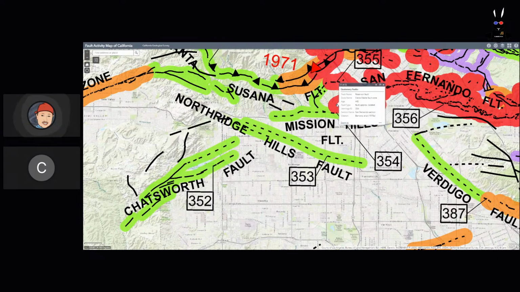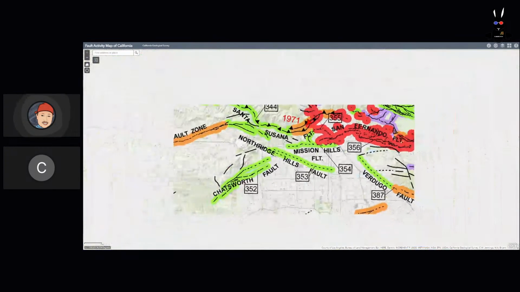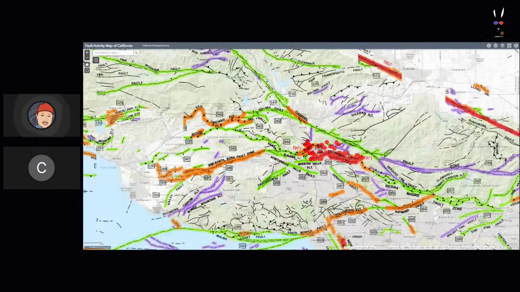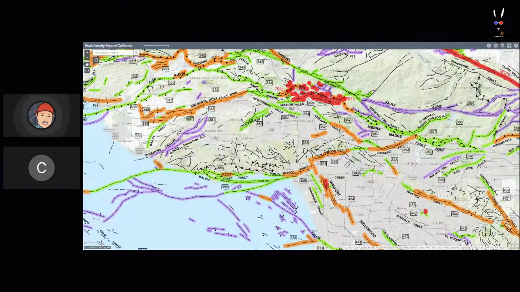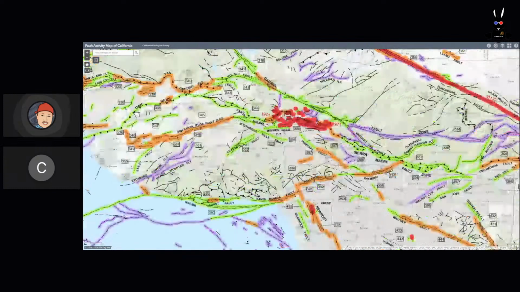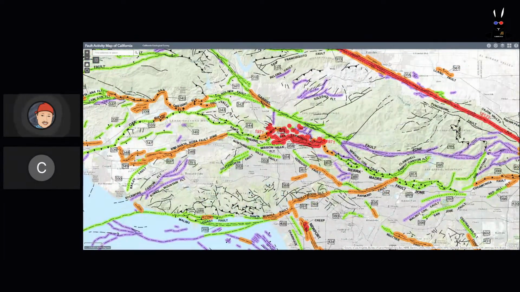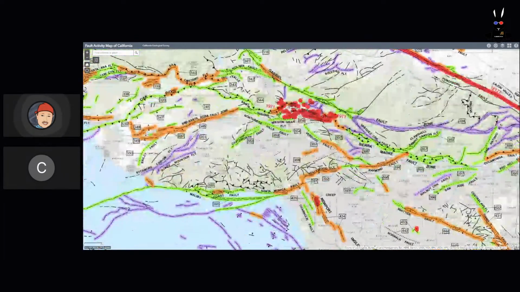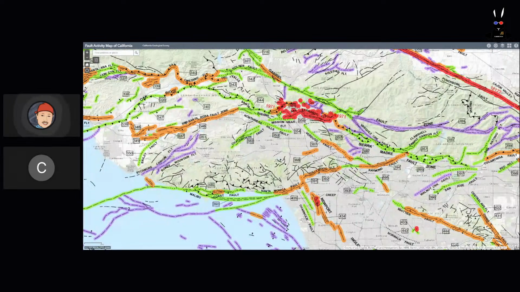There's a whole bunch of these little fault systems that crisscross each other, and it's only due to the compressional components of what's happening out here, the Pacific Plate pushing up against North America. It's creating all these different fault systems, and yet we don't really see it in our lifetime.